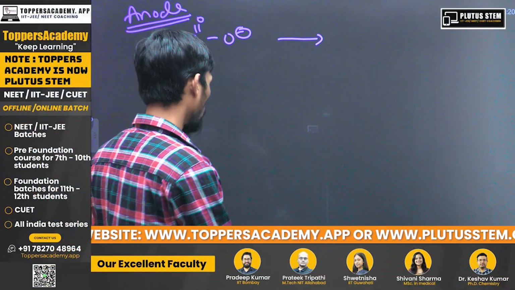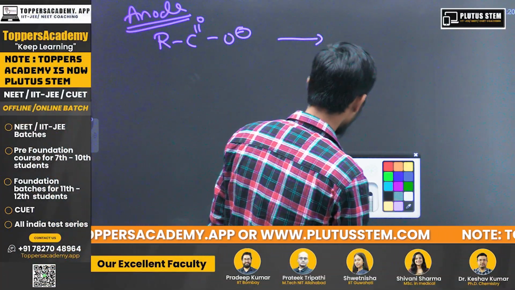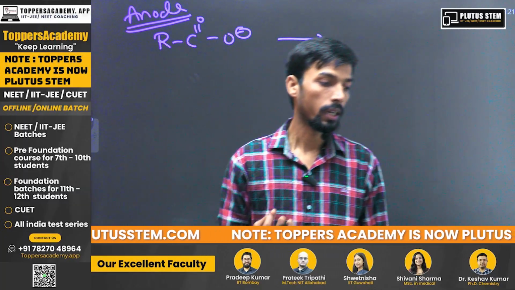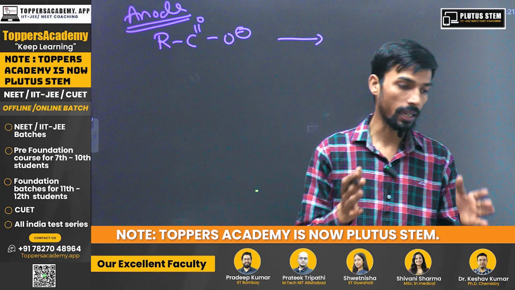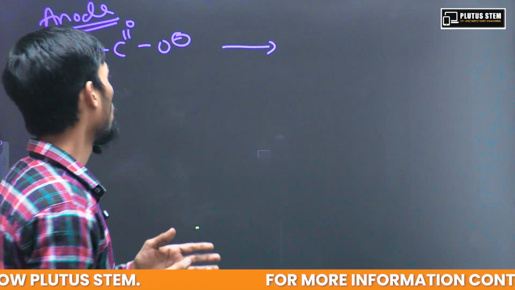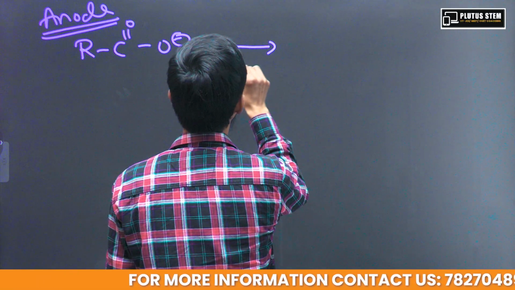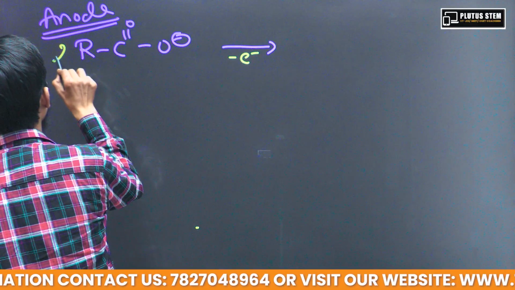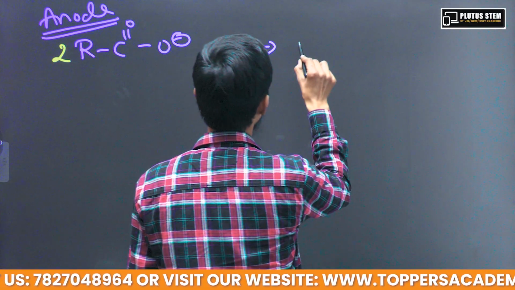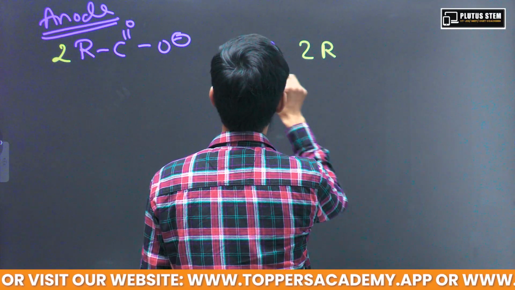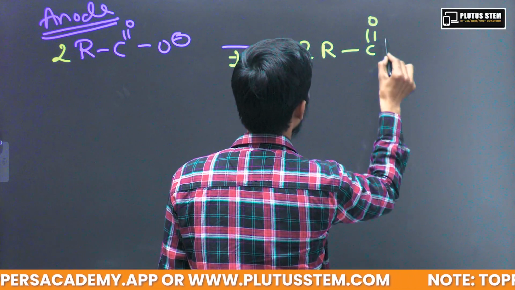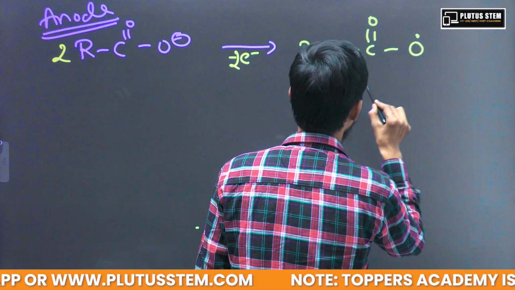This RCOO negative is at the anode, so it is going to liberate some electron, and we are going to get RCOO free radical minus electron. We are having 2 RCOO negative, so 2 electrons will be liberated, giving RCOO free radical.